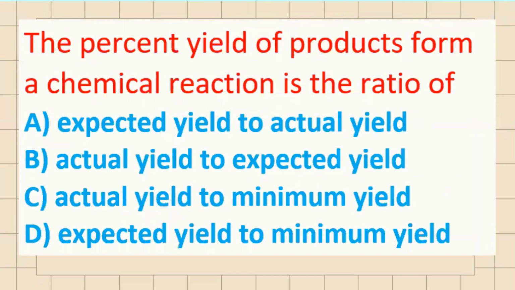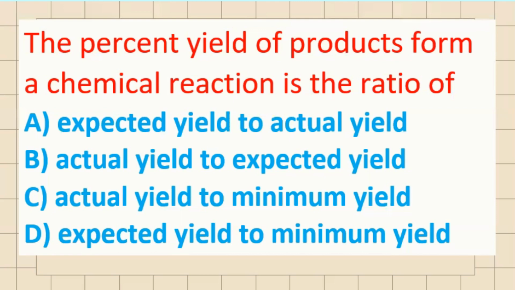The percent yield of products from a chemical reaction is the ratio: percent yield equals actual yield divided by theoretical yield multiplied by 100%. Percent yield of products from a chemical reaction is the ratio of actual yield to expected yield, theoretical yield, the maximum yield.